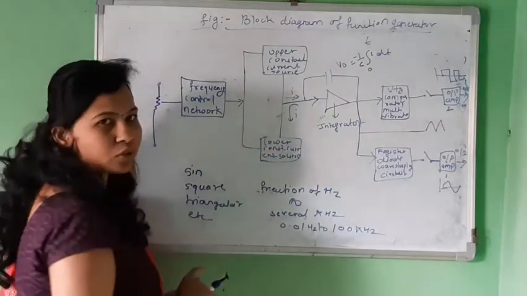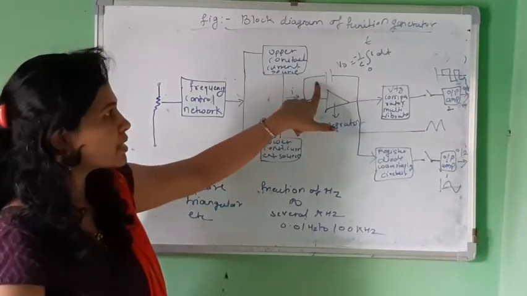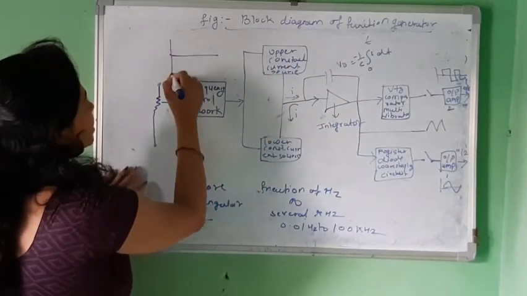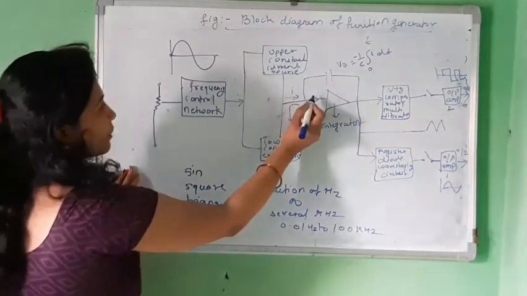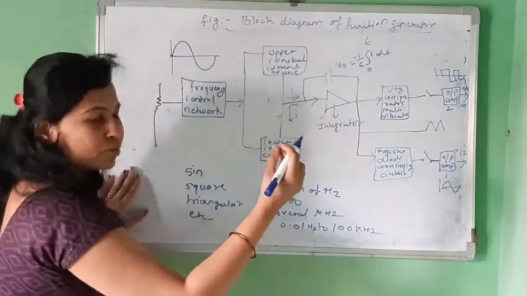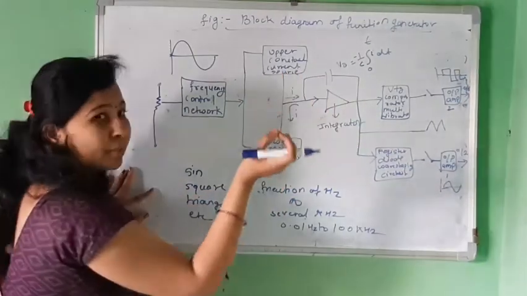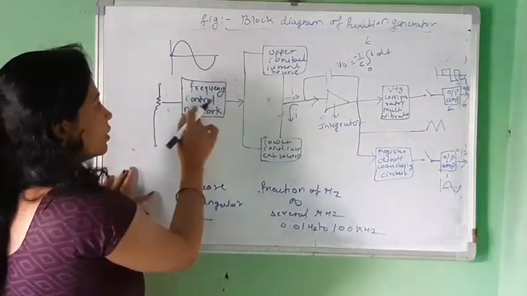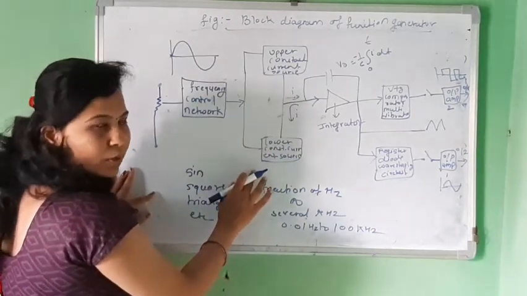When the upper constant current source is on first, then the capacitor will get charged. Here we can learn it from this waveform. First the upper constant current source will get on. This network provides some signal to these two blocks.